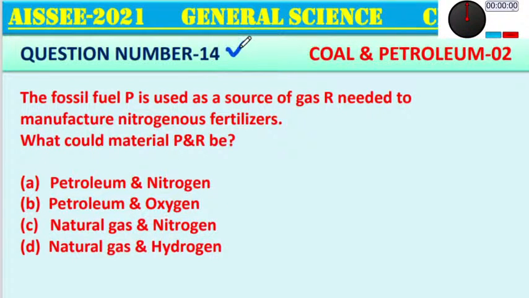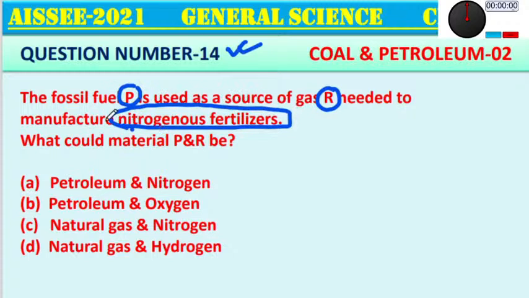Yes, the same type of question but a different theory here. The fossil fuel P is used as a source of gas R needed to manufacture nitrogenous fertilizers. This question I have already explained before. So what is that fossil fuel?